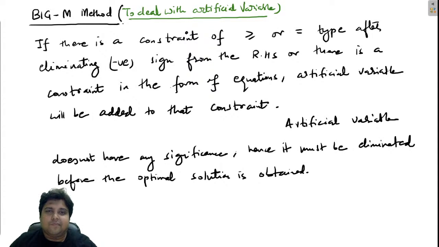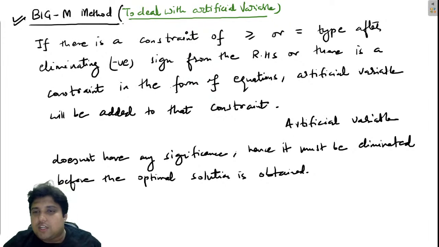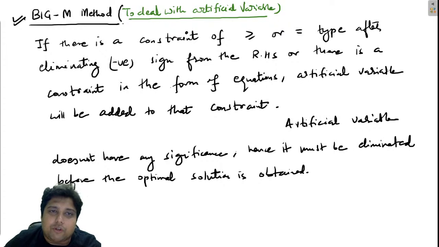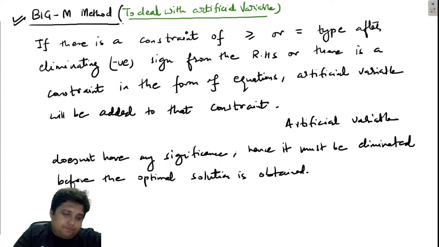Okay. Now let me write something about the big M method. Up until now I have written everything, that why we introduce an artificial variable, and when we introduce an artificial variable.